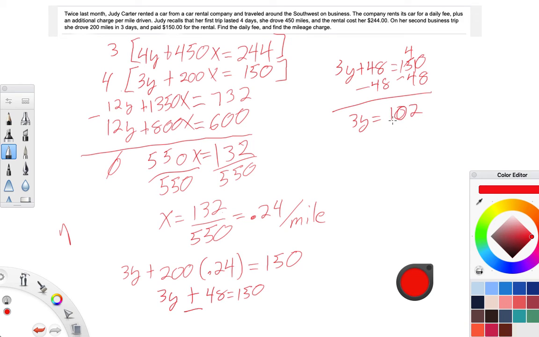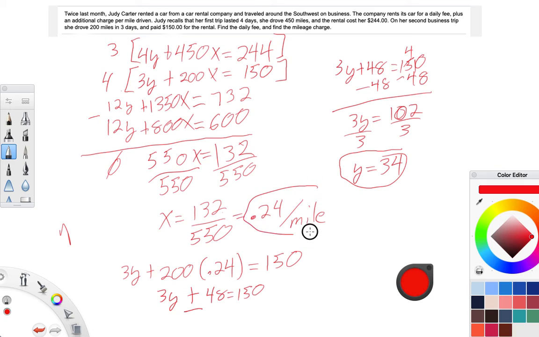And this is nice because 1 plus 0 plus 2 is 3, so we know that this is a multiple of 3. So divide both sides by 3, and that gives 34. So y equals 34.